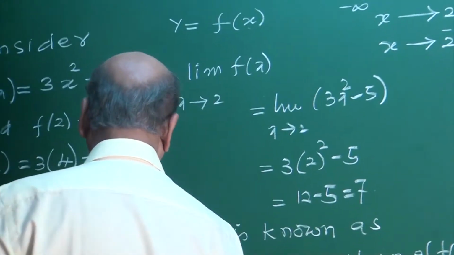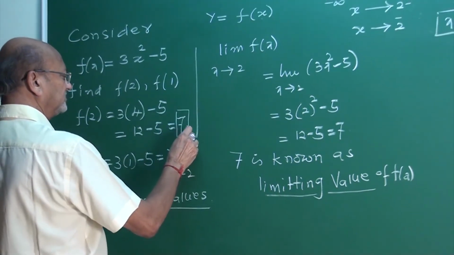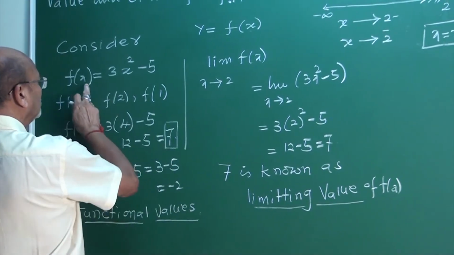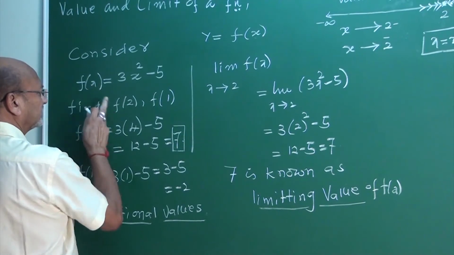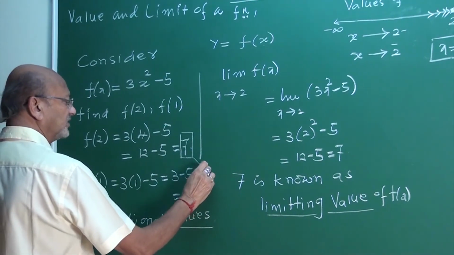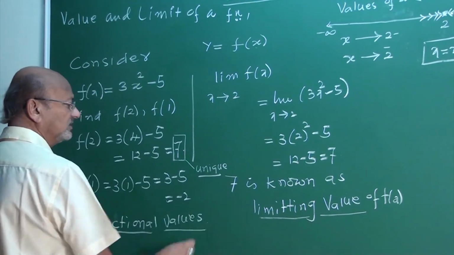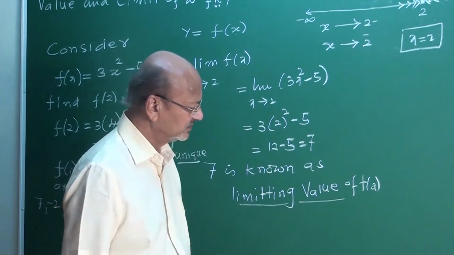On the same lines, what about this 7? Functional value means the exact value of f(x) is 7. This is the only one, a unique value. Then what do you mean by limiting value? Limiting means it comes closer to 7.